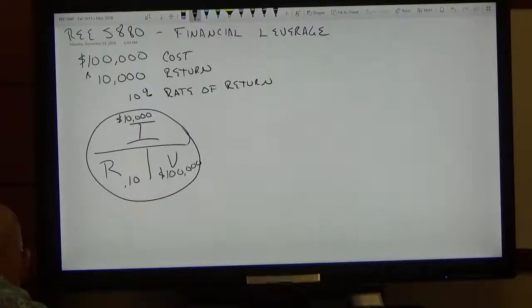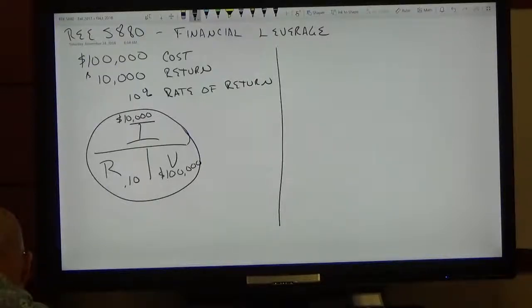It's hard sometimes to put in perspective how radically different price points can be in other parts of the country. But anyway, just assume this is a single-family home of $100,000 and it's generating $10,000 a year in rental income.